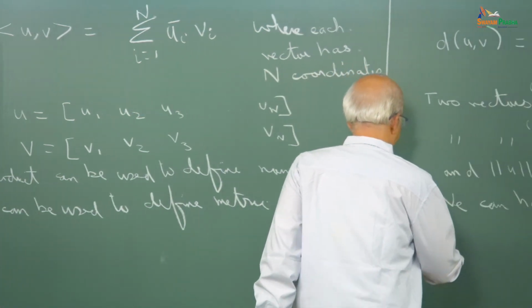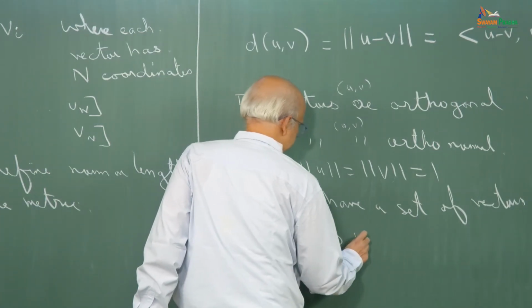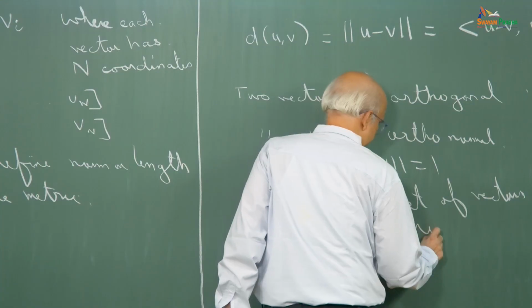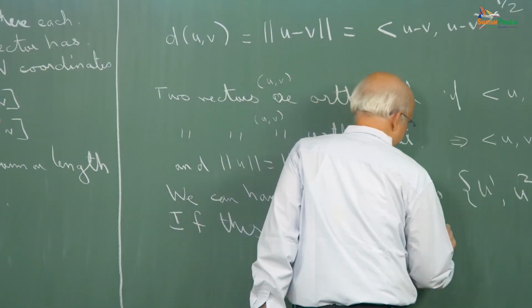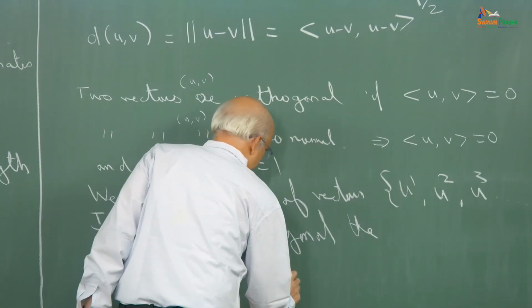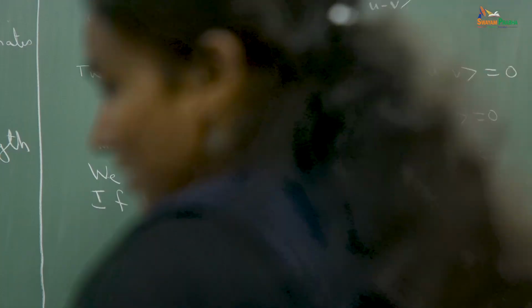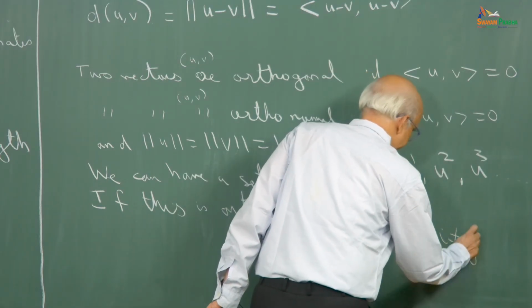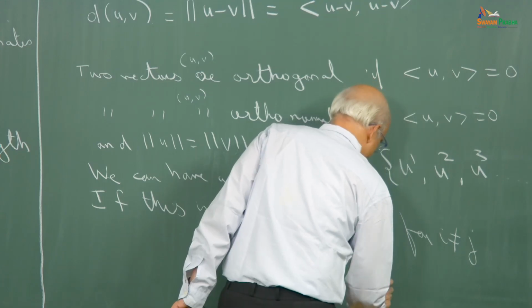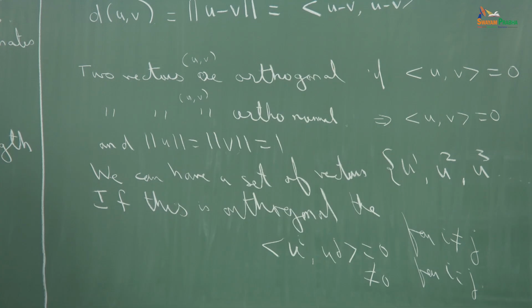If this is orthogonal, then inner product of ui with uj equals 0 for i not equal to j and is not equal to 0 for i equal to j, okay.